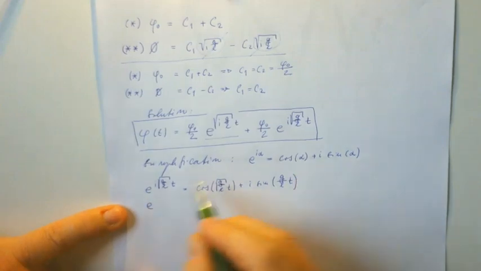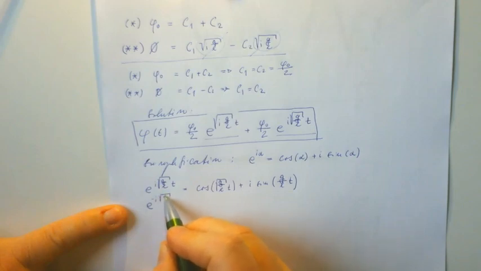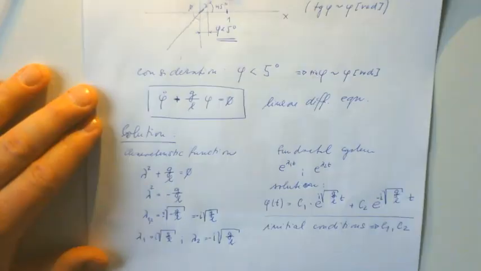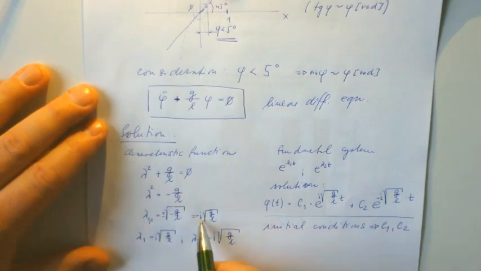And in case of this term, it is minus i square root of g over L. So we have two roots, lambda 1, lambda 2. It is plus minus square root of minus g over L, but we can handle negative numbers under the square root, so we use complex numbers.